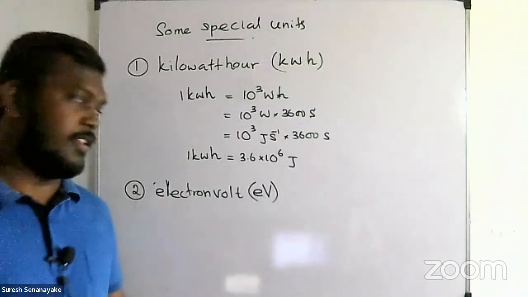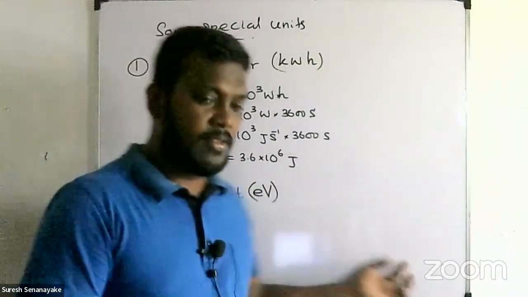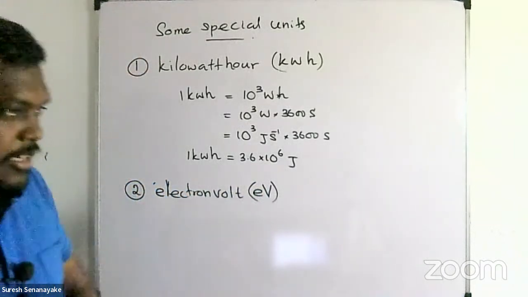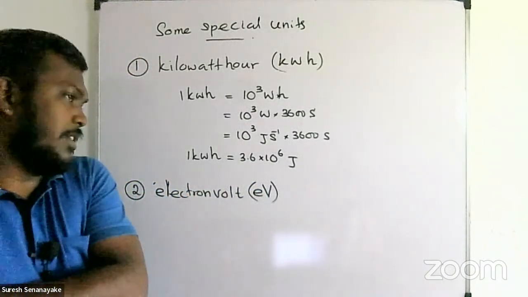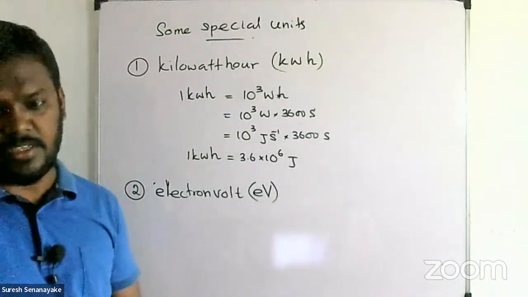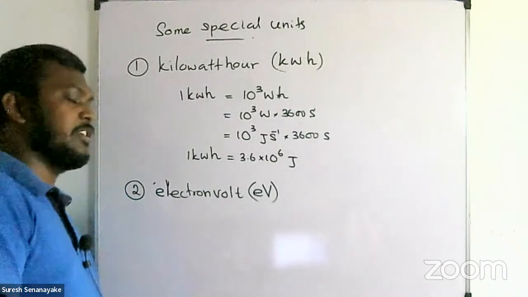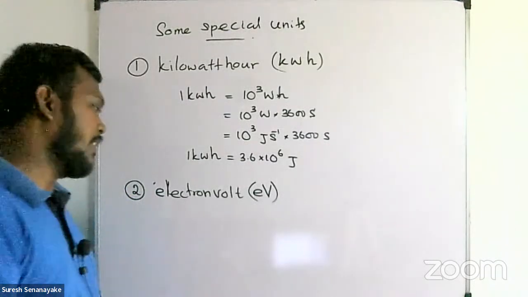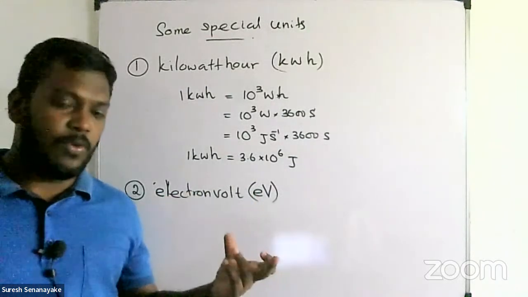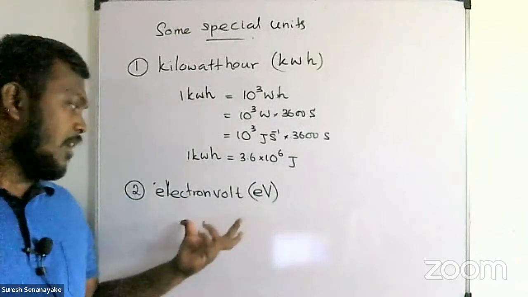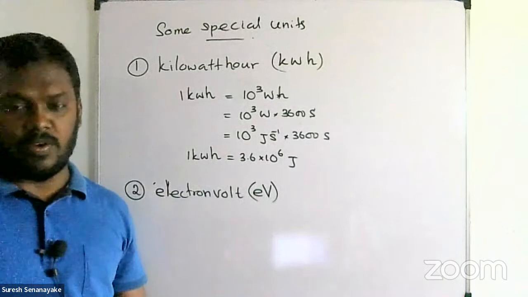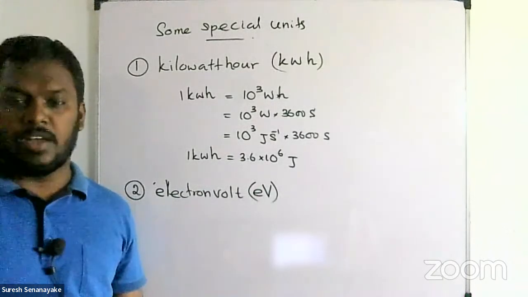This is also a unit of energy. This is used in electric and nuclear science, mostly in that field, to express small amounts of energy, like the energy of a single photon or a single electron. The definition is: if you send an accelerated electron through a potential difference of 1 volt, how much kinetic energy does that electron gain?